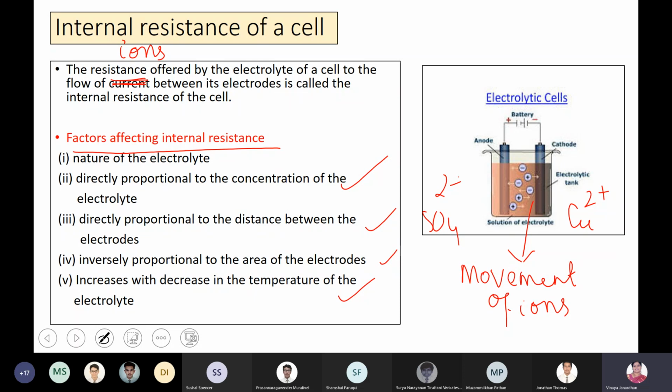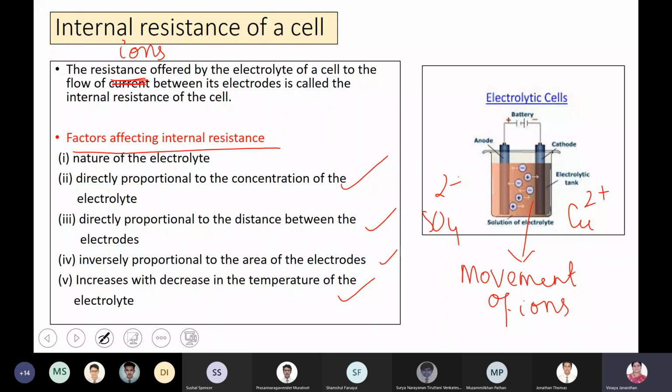Nature of the electrolyte, concentration of the electrolyte, directly proportional to the distance between the electrodes, inversely proportional to the area of the electrodes, increases with decrease in temperature of the electrolyte. Why is this important? Because of your practicals. During your practical examination, you're going to deal with a cell in most of the experiments, so viva questions will be based on this.